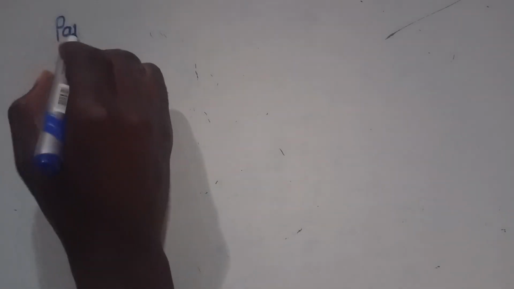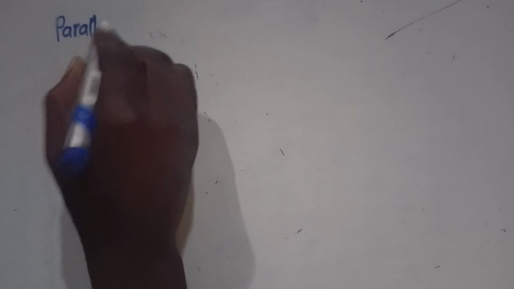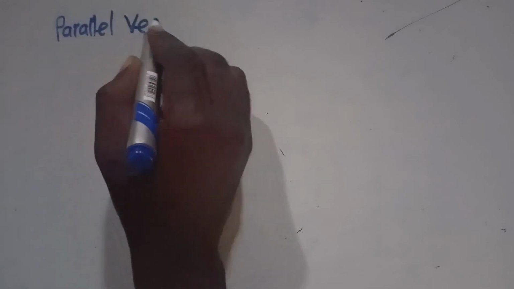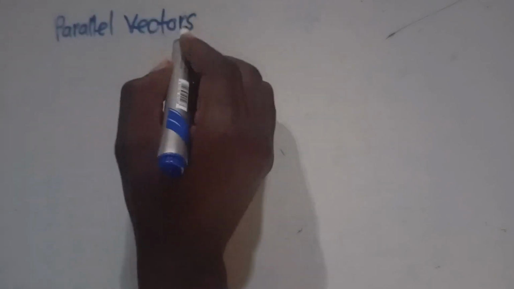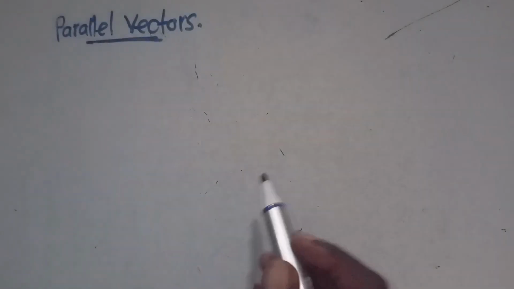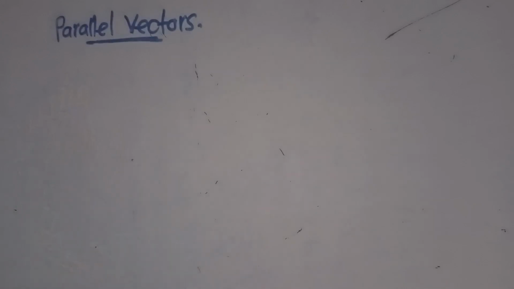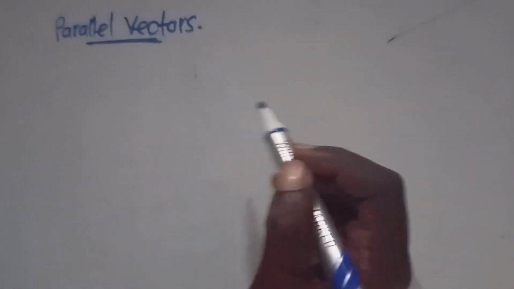So I've said we look at parallel vectors. What do I mean when I say parallel vectors? When two vectors are parallel, this is what you need to know: they are just the same.